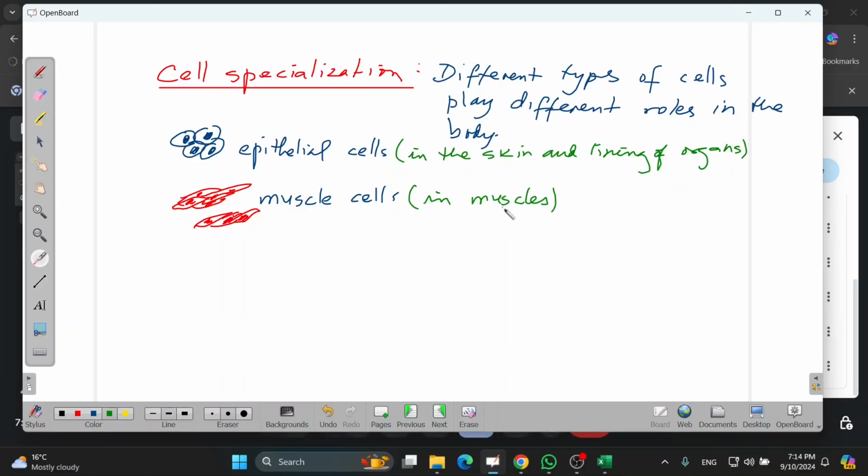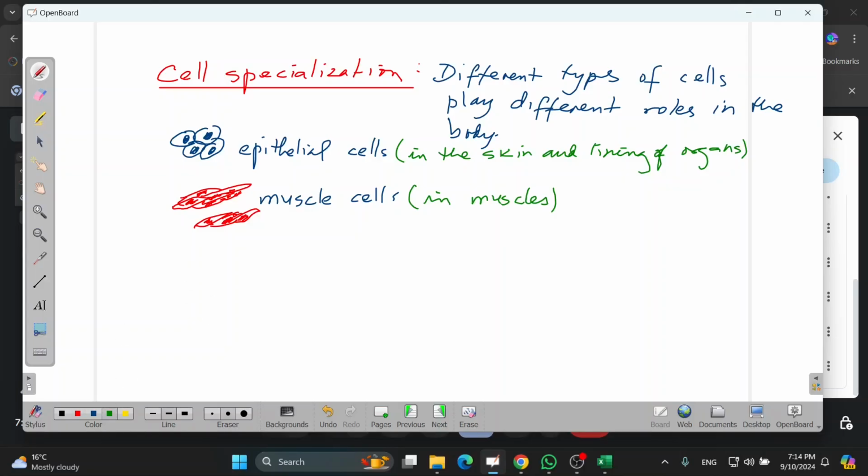There are three types of muscles. We are going to study that later on. We have skeletal muscle, which is the one that is attached to bones. We have cardiac muscle in the heart, and we have smooth muscle in the organs that don't have bones, like the stomach or the intestines. And the cells will differ somehow depending on where they are found, what type of muscle they are forming.